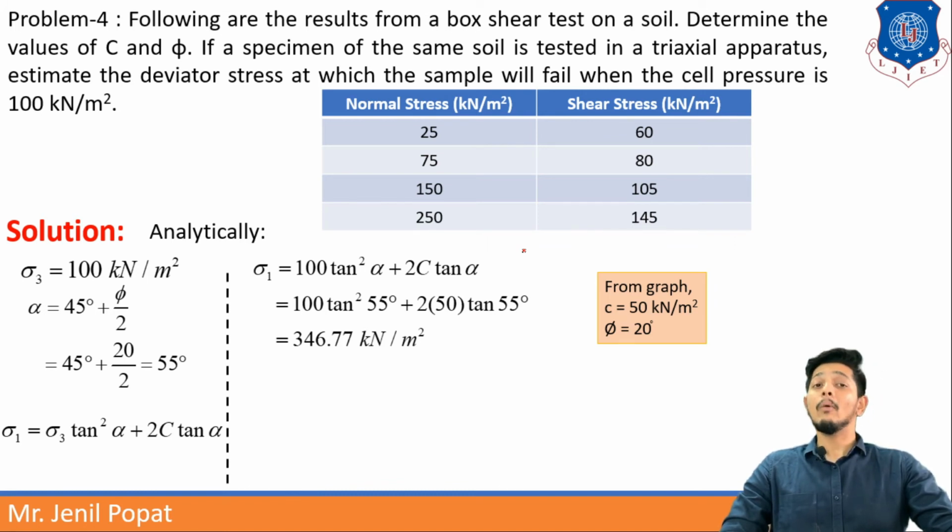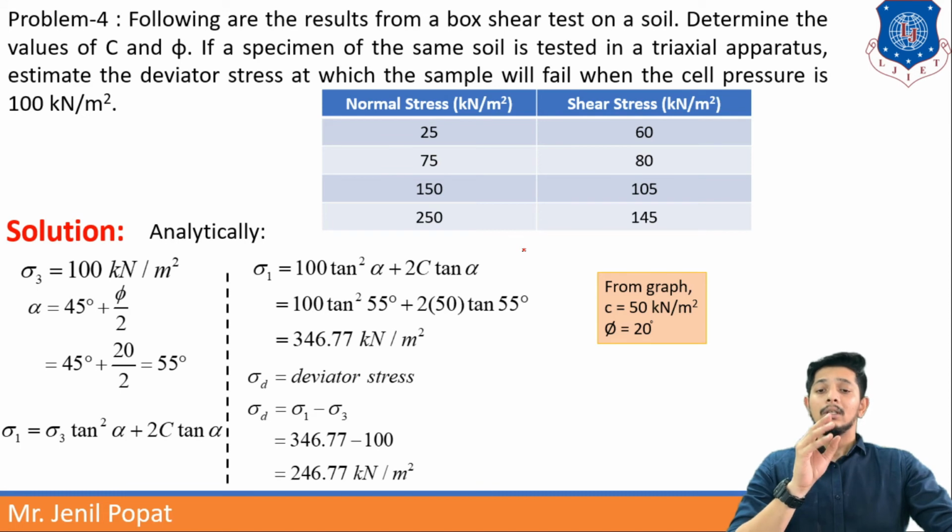This is the total stress, but I need only one type of stress, which is deviator stress. So I have the cell pressure, and I will remove the cell pressure from this. So I will get sigma 1 minus sigma 3 is equal to 246.77, sigma d, that is the deviator stress, which is asked in the problem. So that's it for this problem.